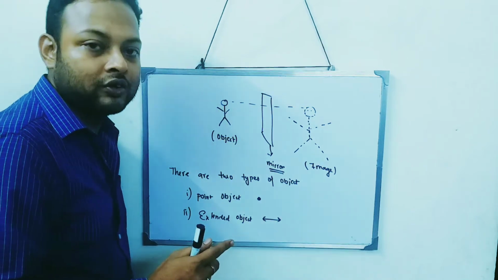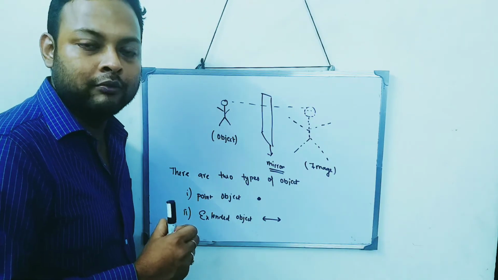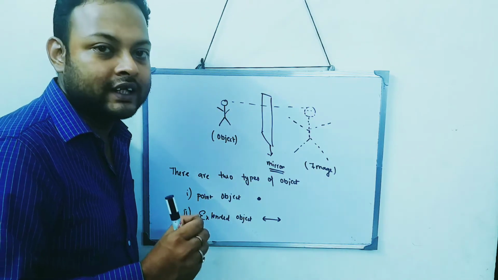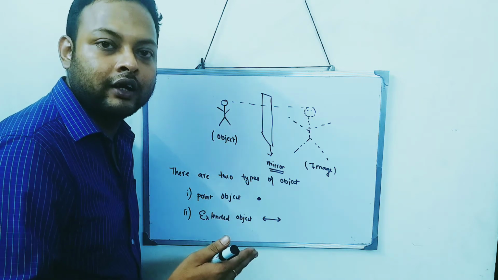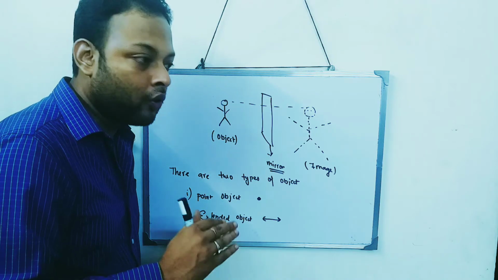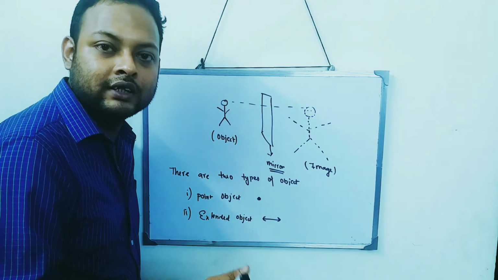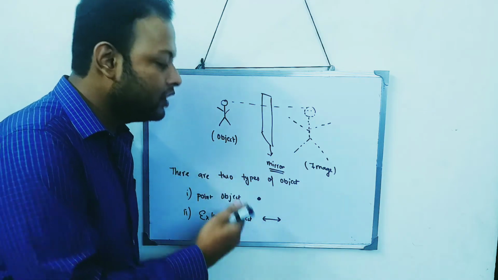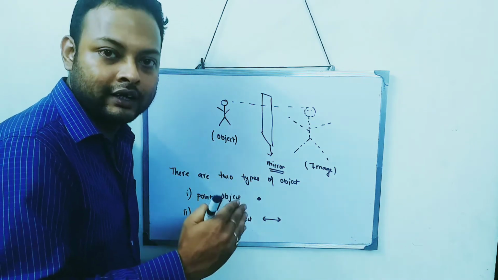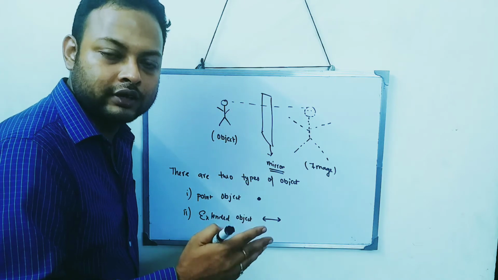Before I start the ray diagram, you need to know the basic concepts like what is an incident ray, what is a reflected ray, and what is the normal. I have already discussed these in the previous lectures, so watch those videos. If you already know them, very good.